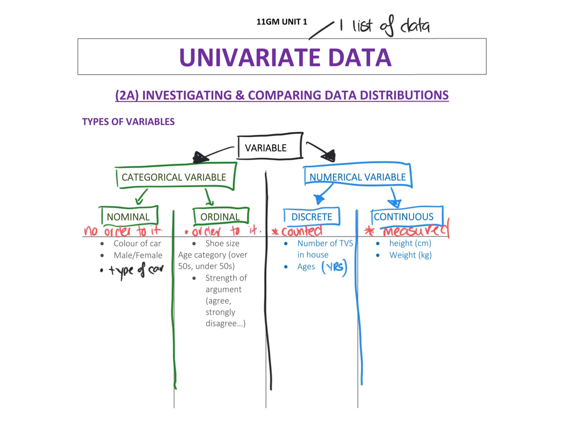So the tricky one I've put there is shoe size. When we walk around and ask, what size shoe are you? I say, all right, I'm a size 6. You guys are probably size 11. Now, that is just a category. It's still sort of like a name, a label. But there is an order to it, isn't there?